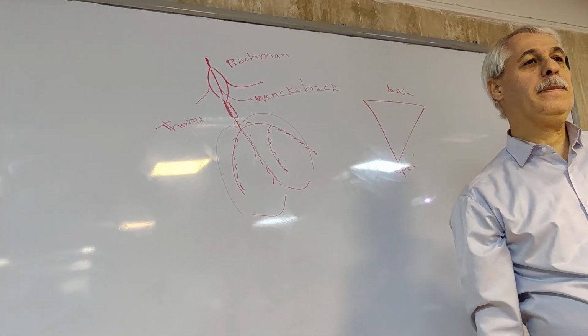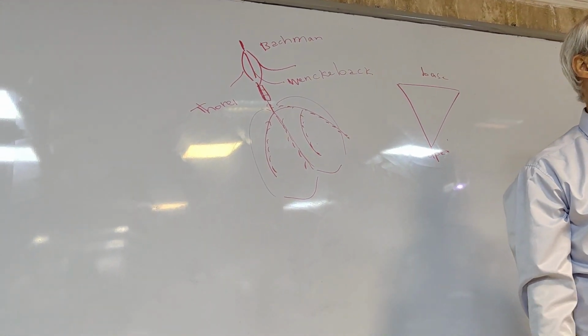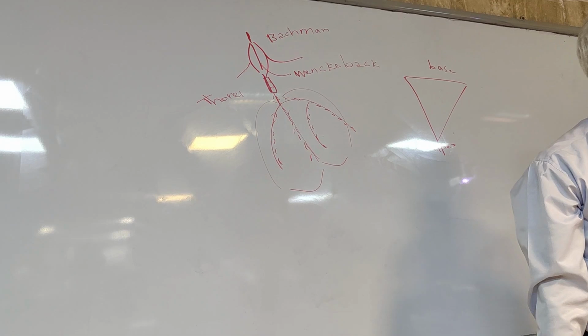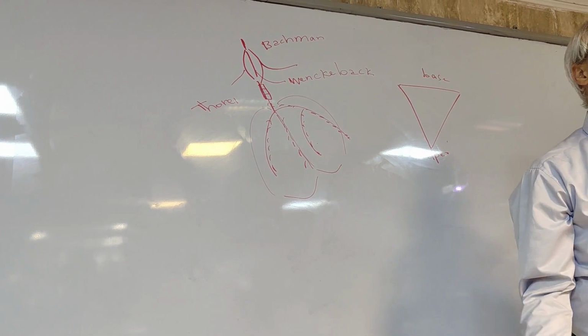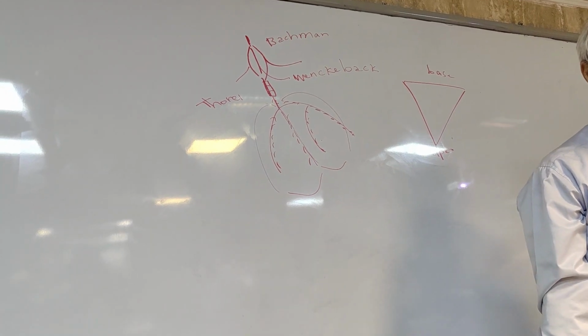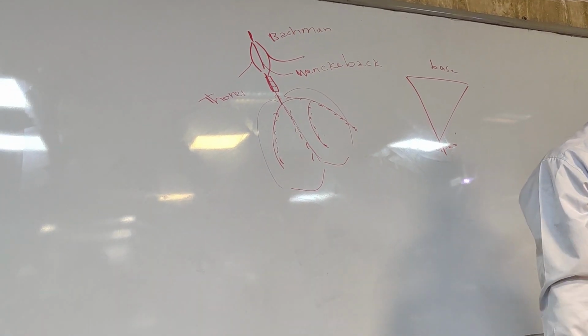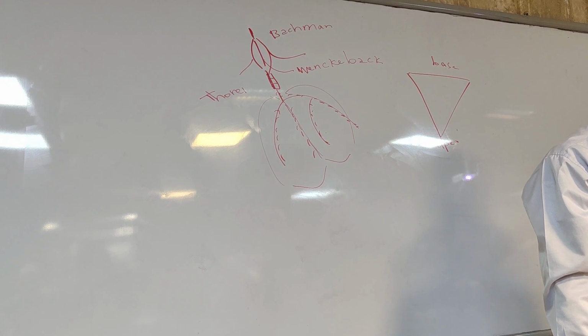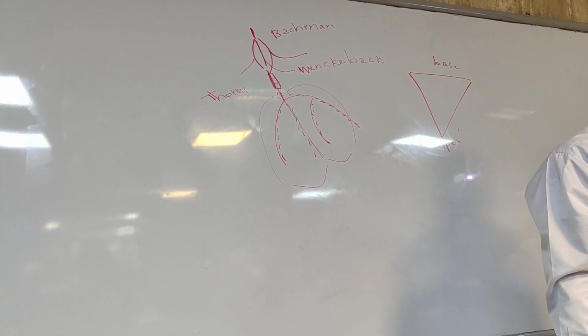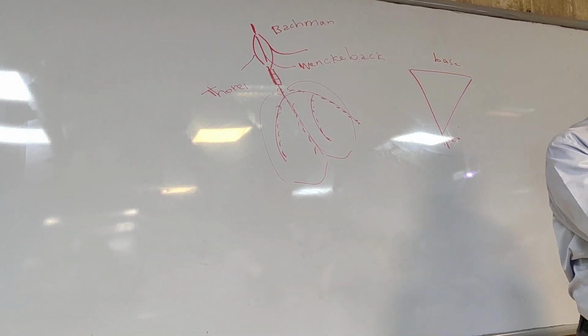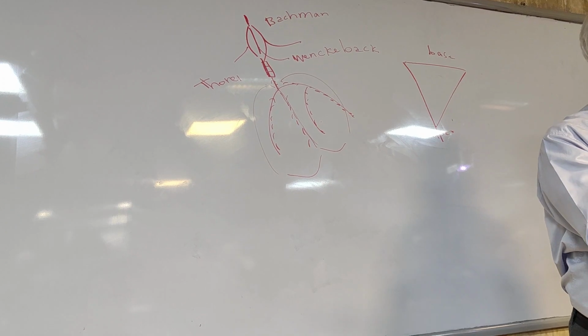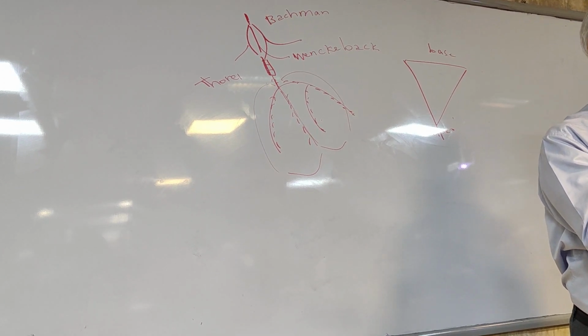Question: which conducts fastest and slowest? The fastest are the Purkinje fibers, the slowest the AV node cells. Why? Because of gap junctions and fiber diameter. Conduction velocity in nerve is dependent on two factors: the diameter and the number of gap junctions.